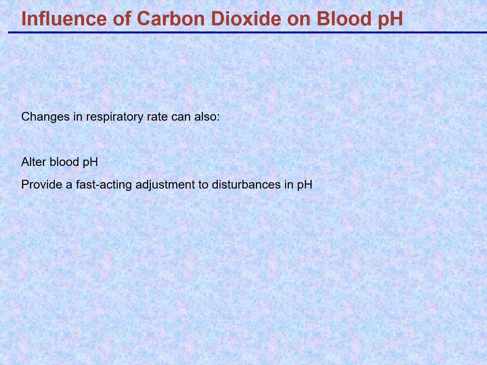This is what I was just talking about, that if you change the respiration rate, you can alter the blood pH, because you can either blow more CO2 off by raising the ventilation rate, or if it slows down, you can cause a decrease in pH. This is a very fast-acting adjustment to changes in pH.